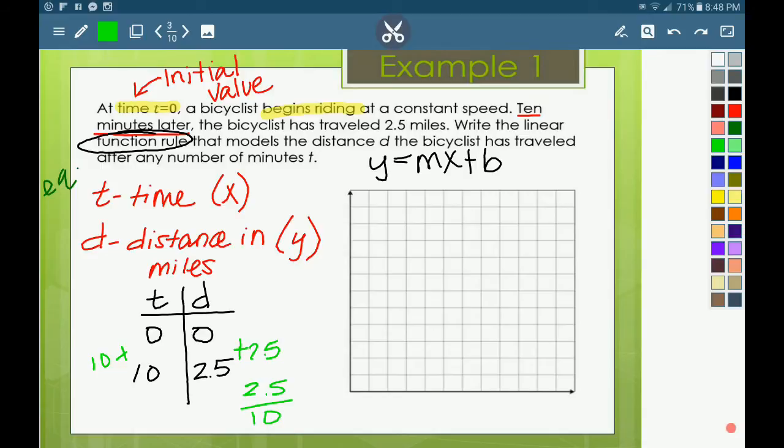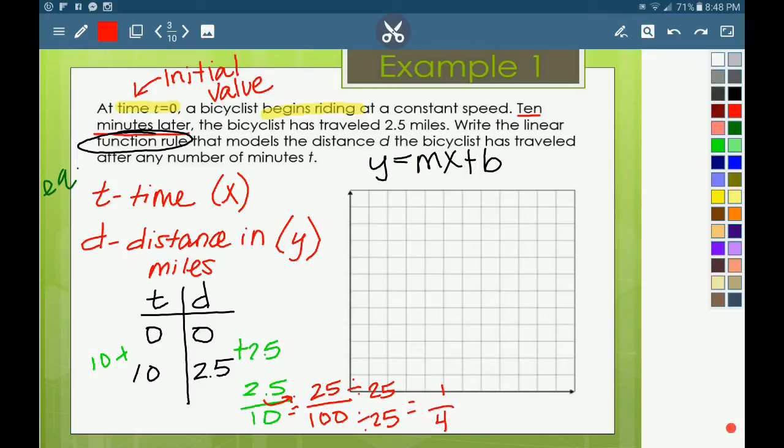Again, we don't mix decimals and fractions. So what I'm going to do is move my decimal place over one spot, giving me 25. But then we said a while ago, if you do that, you have to add a 0 to the denominator. So from here, I can then reduce. I can divide both of these by 25. And my rate of change becomes 1 over 4.